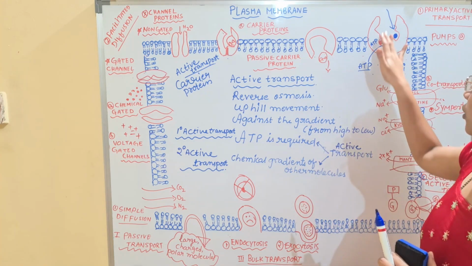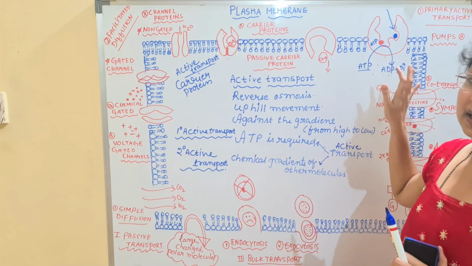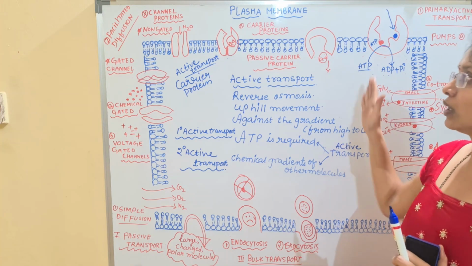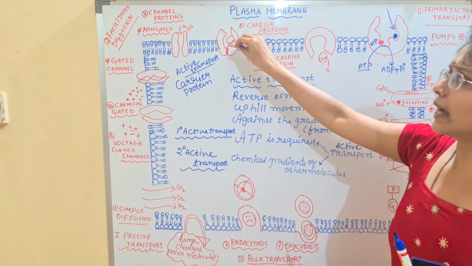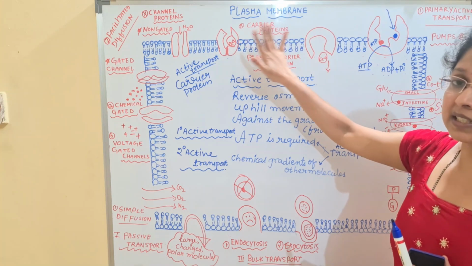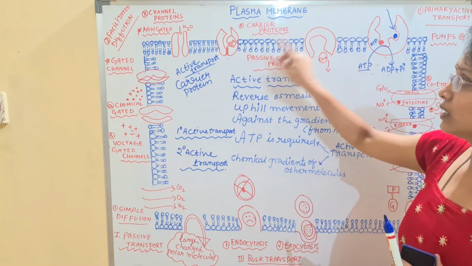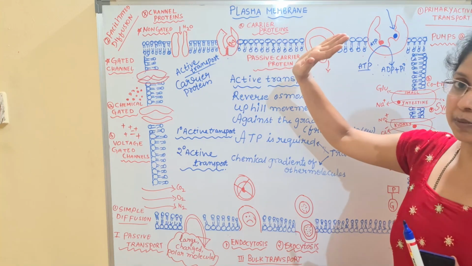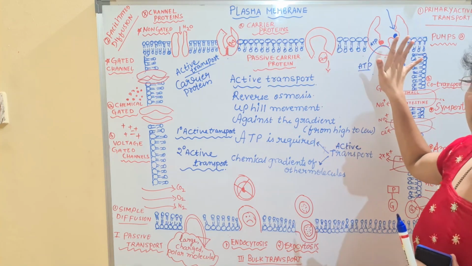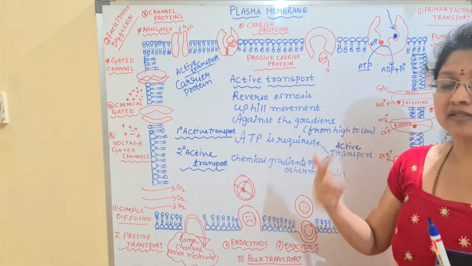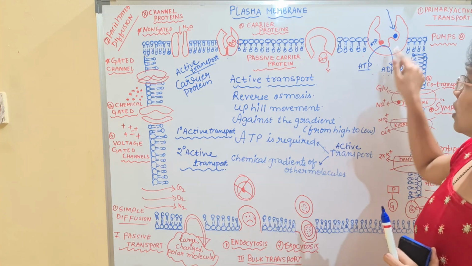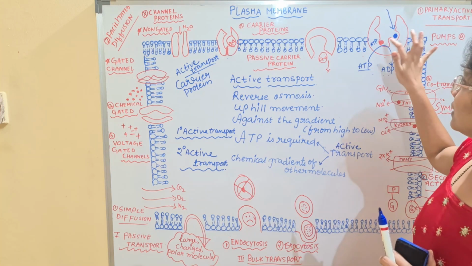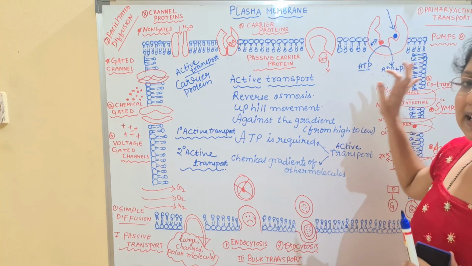The sites of attachment will be more for the carrier proteins in active transport compared to passive. In passive we have only one specific site of attachment. These are highly specific molecules and they have only one site of attachment. Here even these are specific molecules, but the sites of attachment will be more: one for the substrate molecule, and another site of attachment for the ATP molecule.